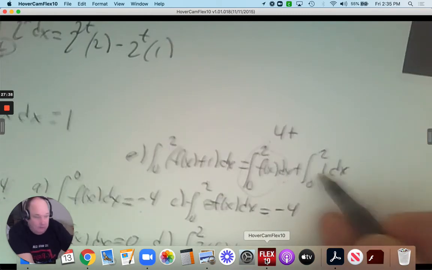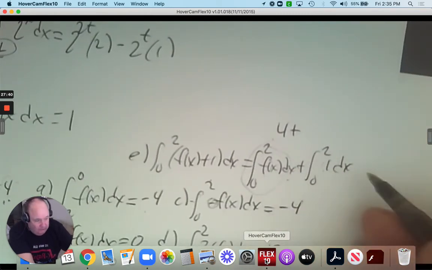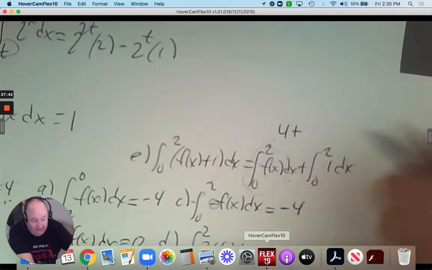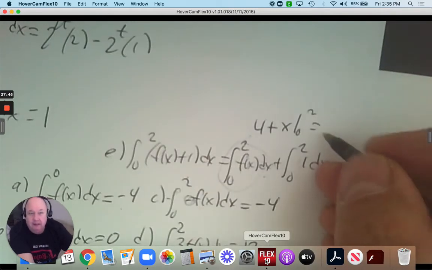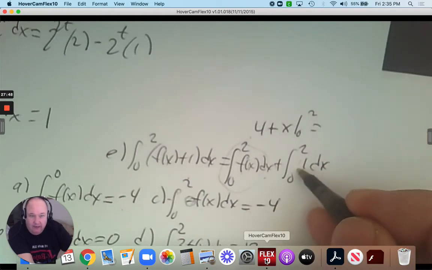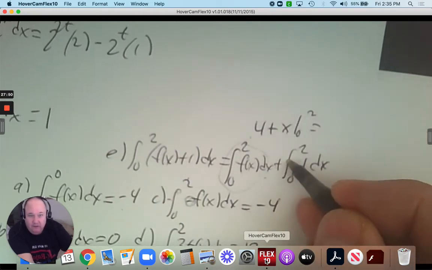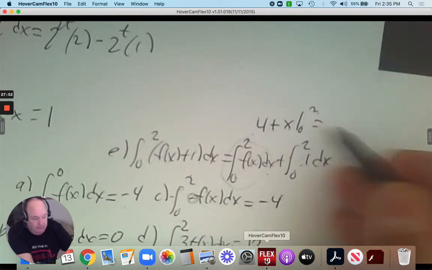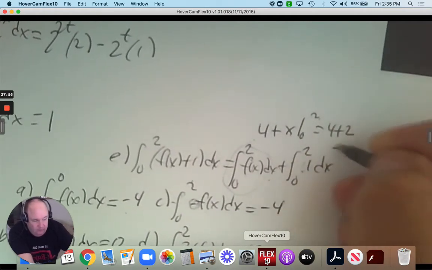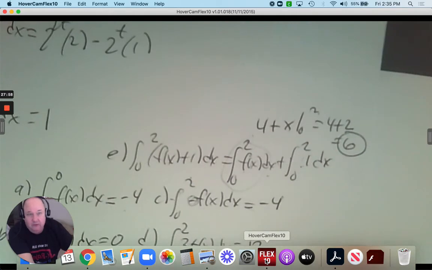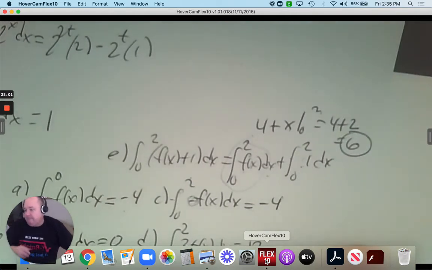But the second one, I have to do the antiderivative, which is x, and then plug in the upper bound and plug in the lower bound. So the antiderivative of 1 is x. If you plug in the upper bound, it's 2, take away 0, or 2. So altogether, that answer is 6. Number 15.